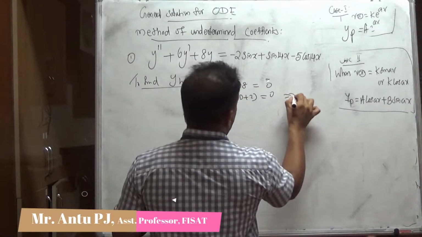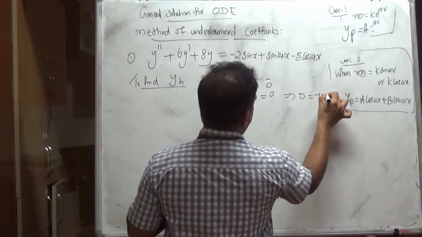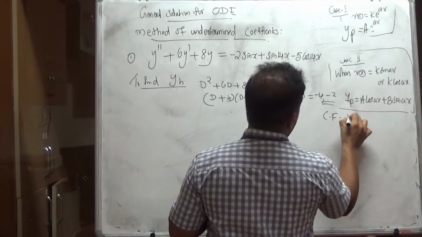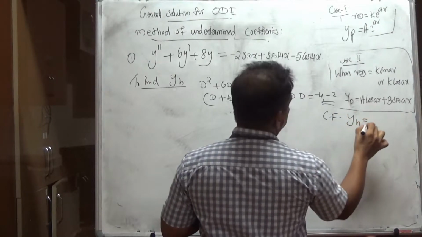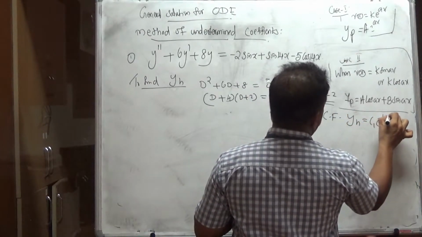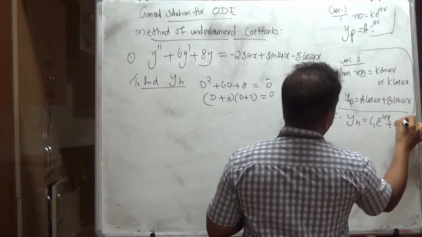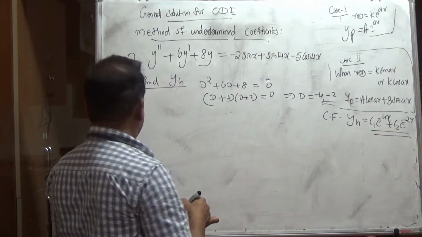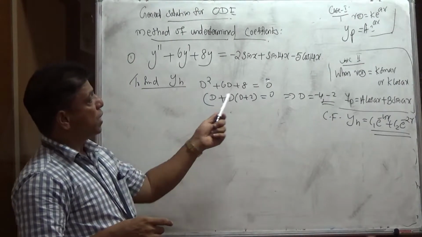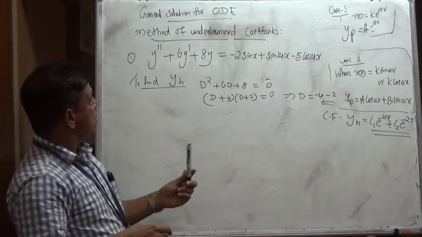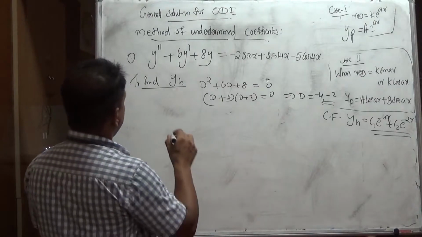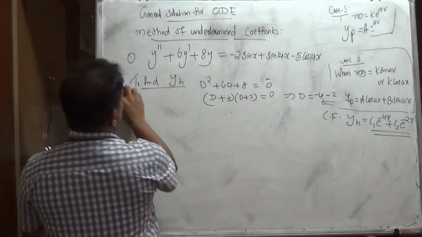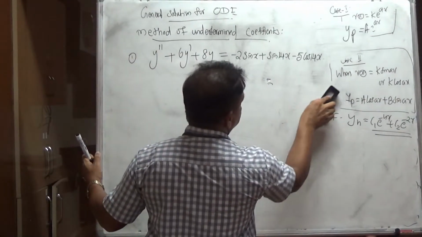Therefore, the value of D is equal to minus 4, minus 2. Therefore, the complementary function yh is equal to c1 e raised to minus 4x plus c2 e raised to minus 2x. This is the complementary function of the given problem. First we find the homogeneous part, then we have to find the particular integral. The homogeneous part is over, so now we can find the particular integral.